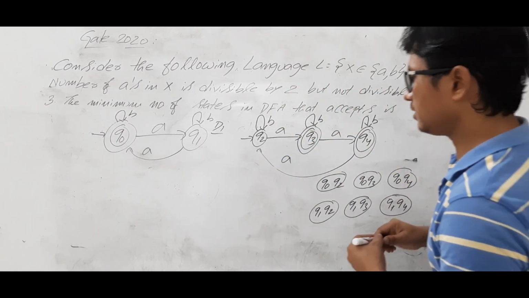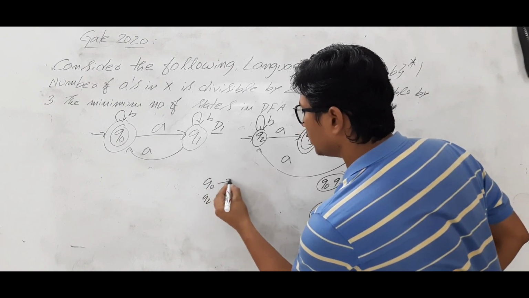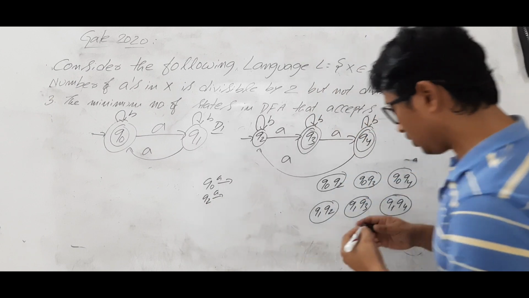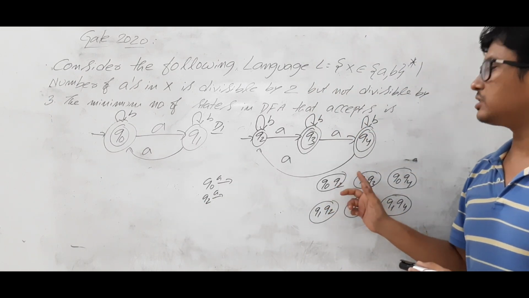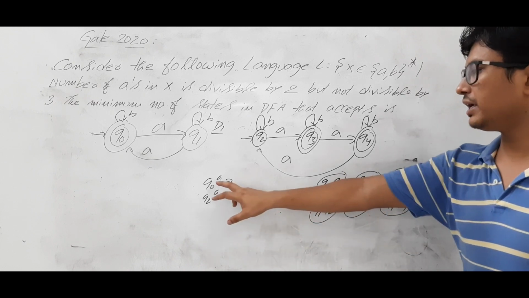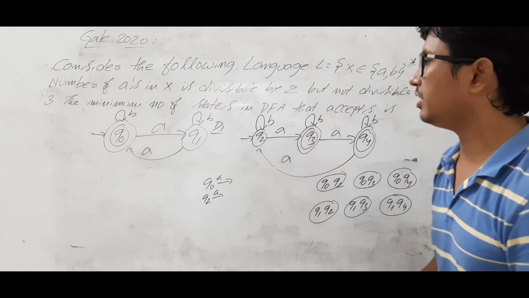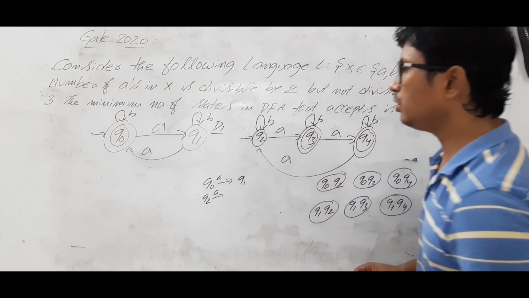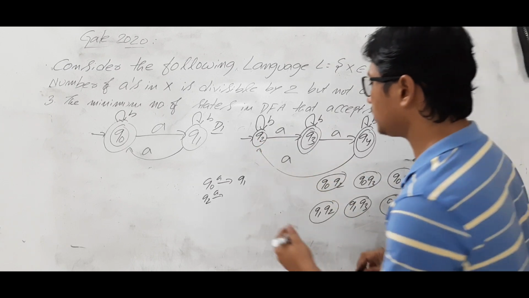Now check it. I need to find where Q0 Q2 goes on A, because for Q0 Q2 I need to represent a transition on A and similarly on B. How can I get the transition on A? You need to check where Q0 goes on A: Q1. Where does Q2 go on A? Q2 goes to Q3.